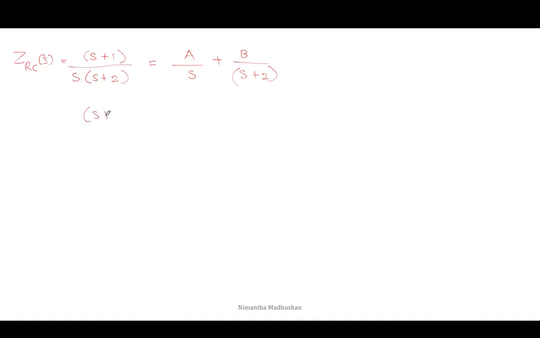Then s + 1 is equal to A times (s + 2) plus B times s. If s equals 0, 1 is equal to 2A, so the value of A is 1 over 2. If s equals minus 2, minus 1 is equal to minus 2B, so the value of B is also 1 over 2.